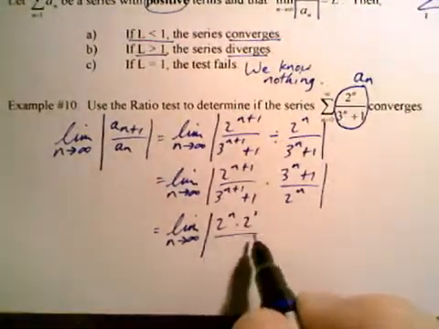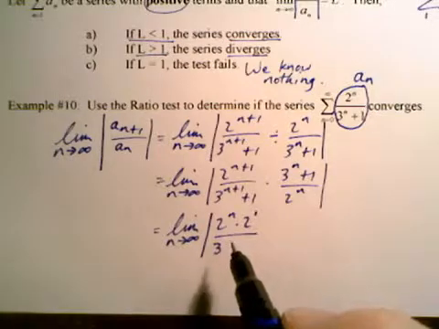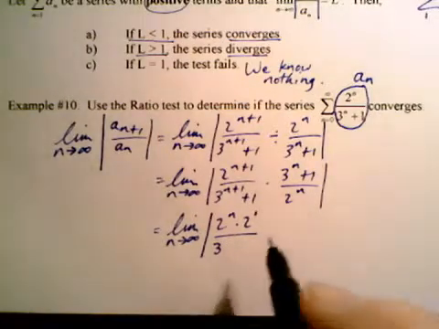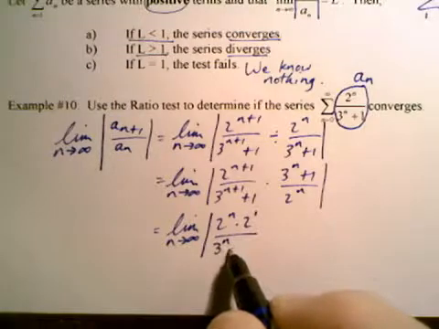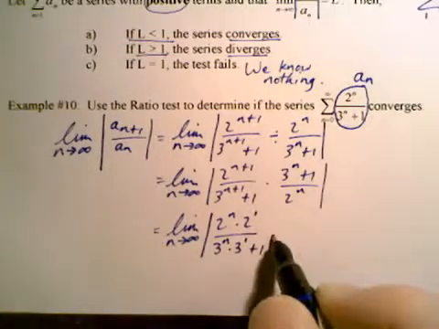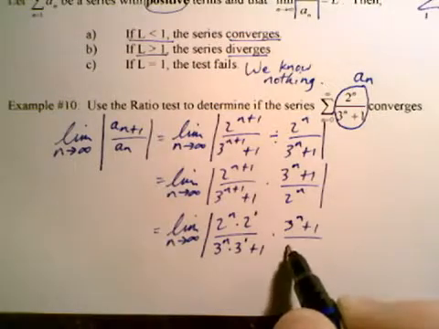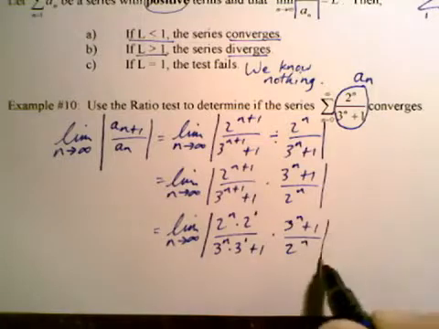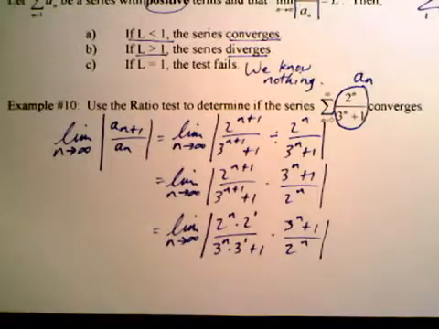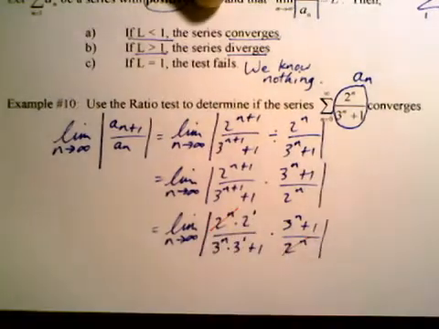Divided by 3 to the n times 3 to the 1, and that's the plus 1, multiplied by 3 to the n plus 1 over 2 to the n. Okay, so we have a bit of a log jam here, but we can cancel things that are alike. So let's cancel the 2 to the n.